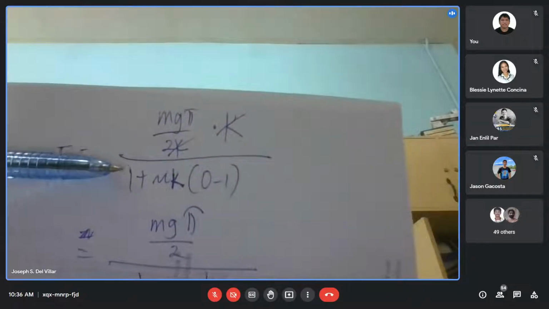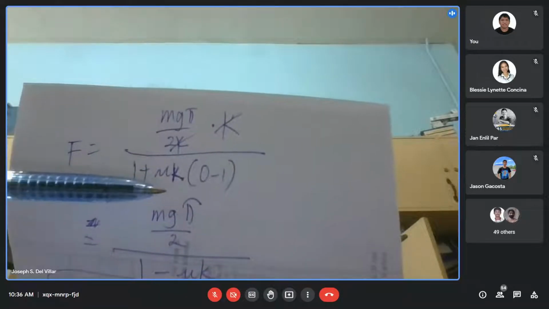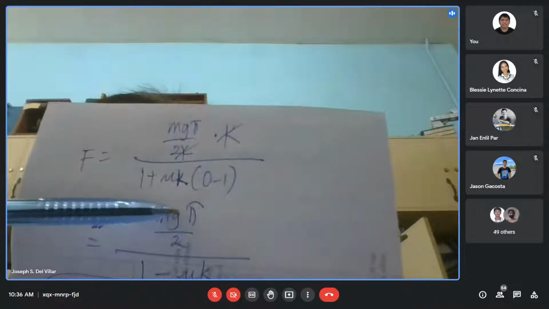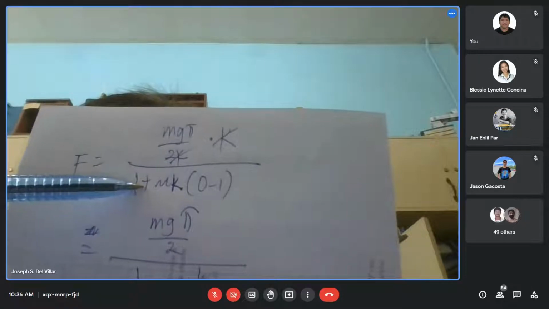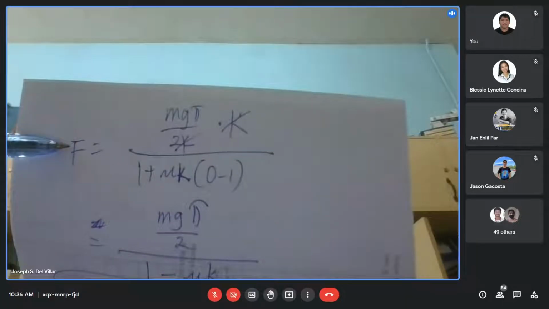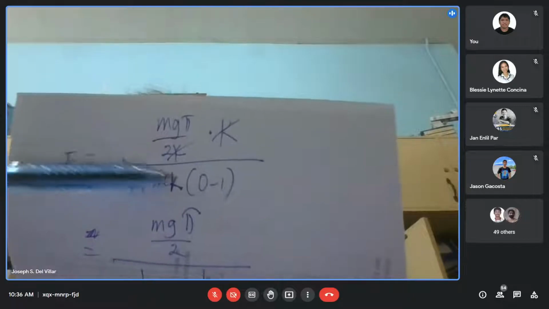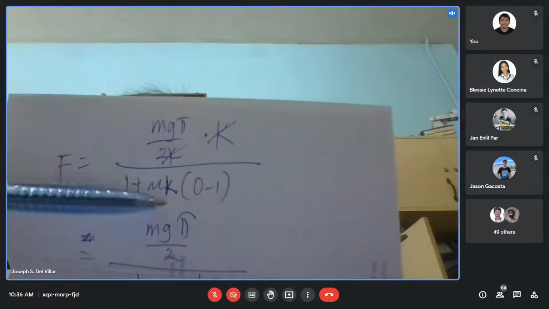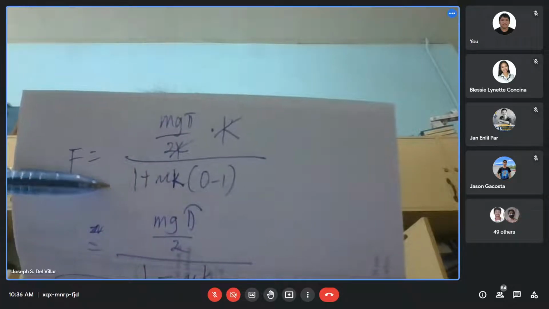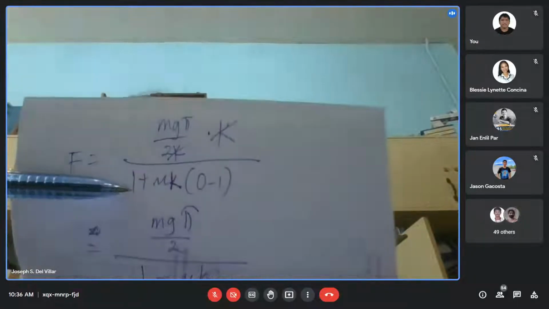So the denominator becomes 1 minus mu sub k. Why minus mu sub k? Because of the negative 1 in 0 minus 1, which became the sign here, 1 minus, since mu sub k became negative. Therefore, simplifying, F is mg pi over 2 times the quantity 1 minus mu sub k.